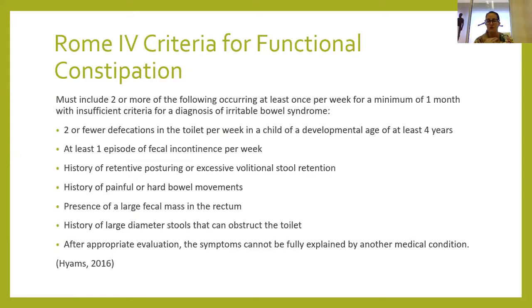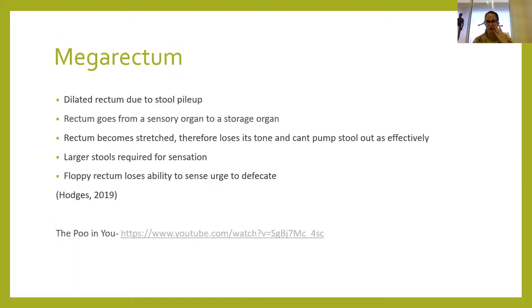So they're having 2 or less poos in the toilet per week, of a child of at least 4 years, 1 episode of incontinence per week, history of retentive posture or excessive stool retention, history of painful or hard bowel movements, presence of a large fecal mass in the rectum, which can be seen via scans, and history of large diameter stools that can obstruct the toilet. And if there's no other medical explanation for it.